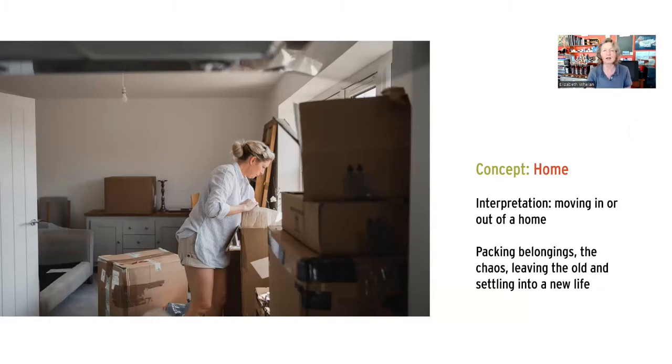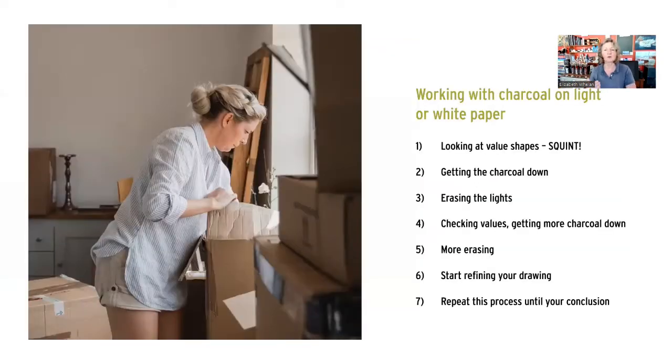With pencil, with graphite, you can deal with a lot of small shades, small areas. With charcoal, I find when you have nice big areas of value and contrast, that can be extremely helpful. So when you're working with charcoal on lighter white paper, and of course, we're going to go through all of these steps over and over, so don't worry, but this is just the way to go about it.